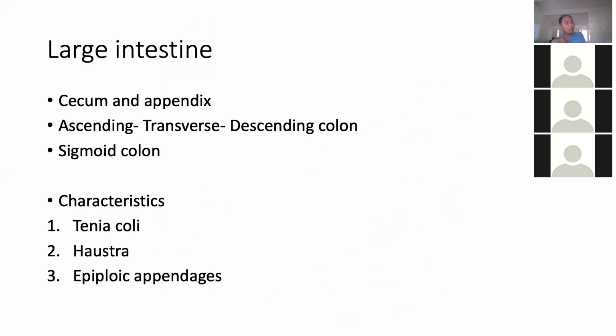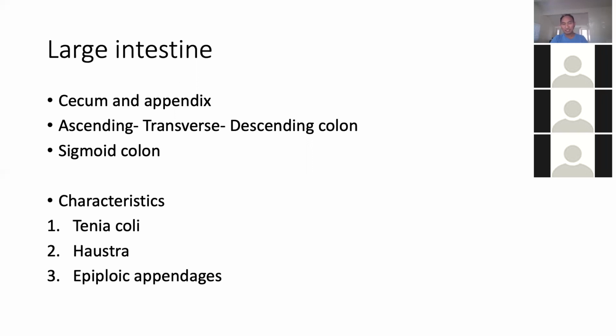And let's talk about the large intestine. Getting there now. So the large intestine involves the cecum and the appendix, ascending colon, transverse colon, descending colon, and sigmoid colon. So cecum, appendix, ascending, transverse, descending, and sigmoid colon, they are all under the heading of large intestine.